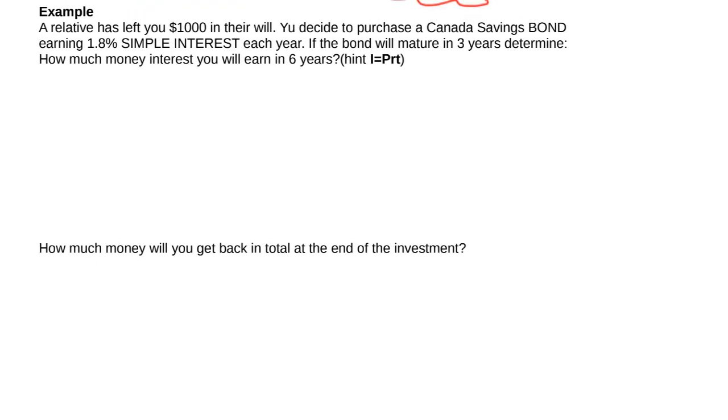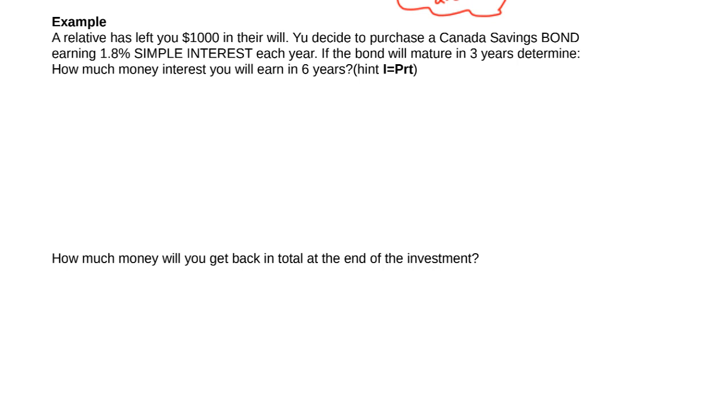Sometimes you get money because some relative leaves some money for you. So a relative has left you $1,000. Okay, no, instead of 1,000, let's make it 10,000. And they left you $10,000 in their will. You decide to purchase a Canada Savings Bond.